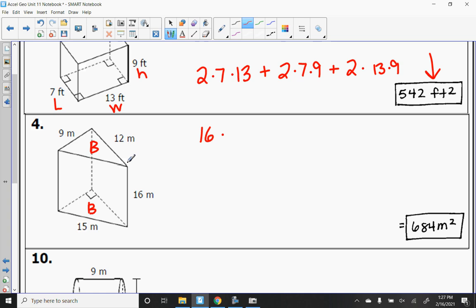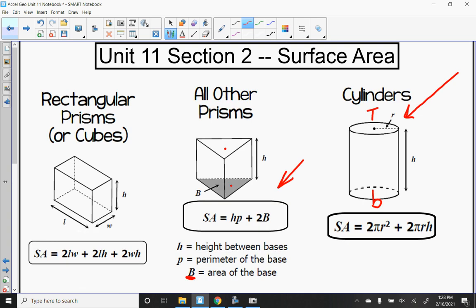So the three numbers on this triangle base here would be 15 plus 9 plus 12 to get our perimeter. I'm going to put that in parentheses as our lowercase p, 15 plus 9 plus 12. So there is our first part of the surface area formula.